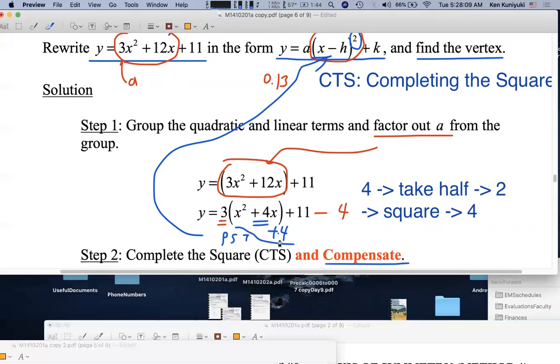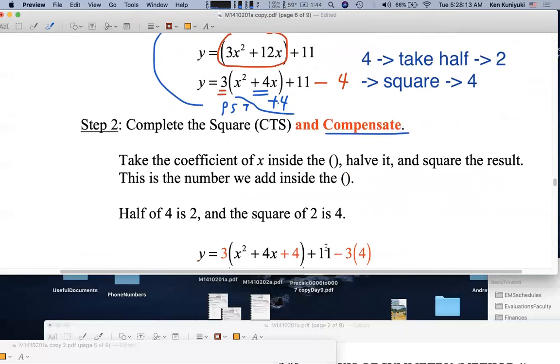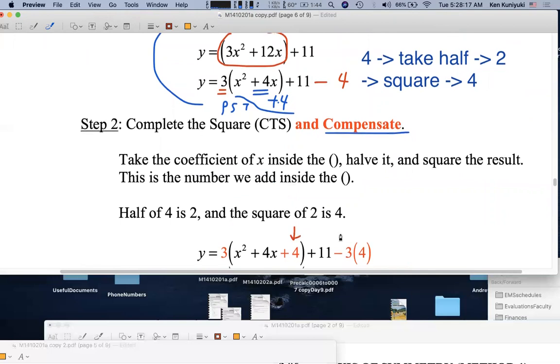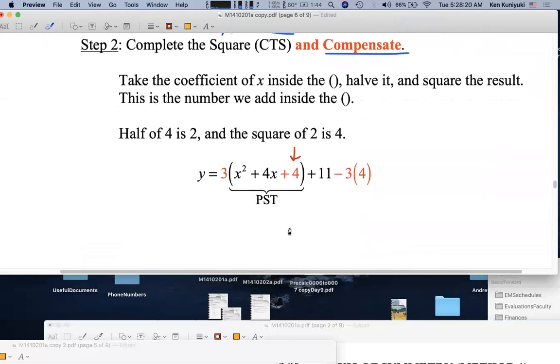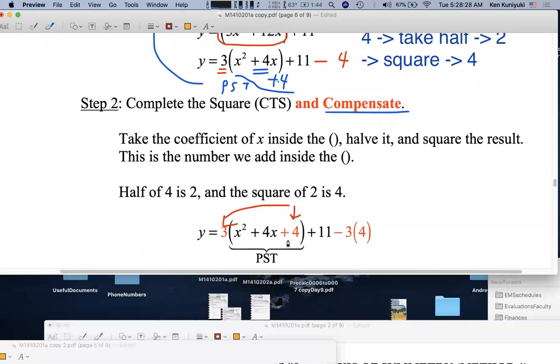Not just 4, but 3 times 4. So when you insert the 4 in there, you're really adding 3 times 4 by the distributive property.